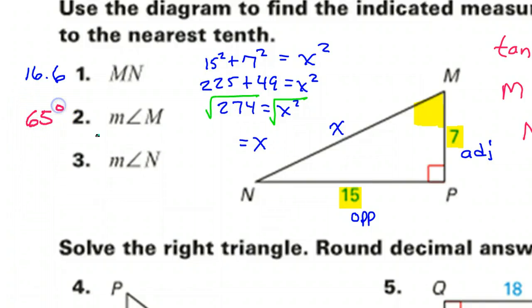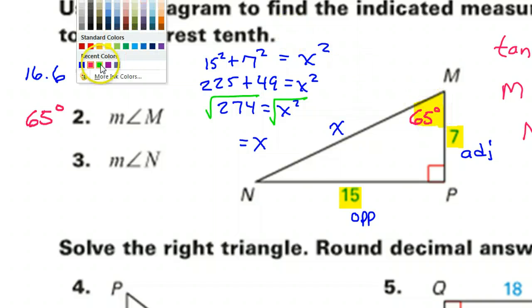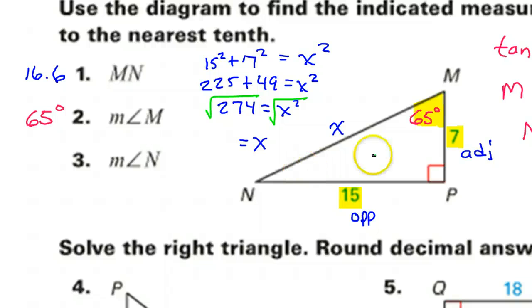65 degrees. Once we have one of the angles, since angle M is 65 degrees, for the other angle we don't actually need to do the inverse trig thing again. We can just subtract from 90.